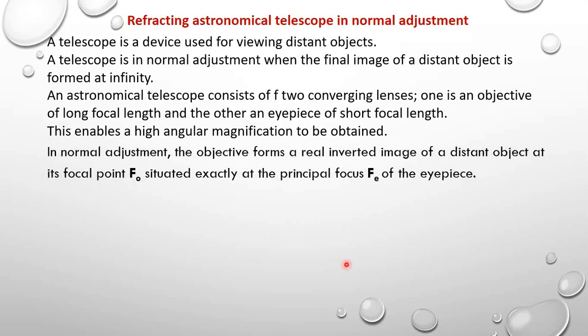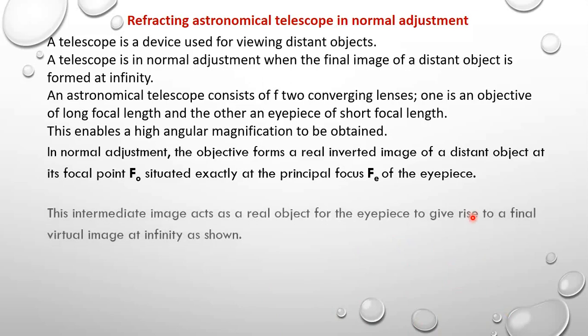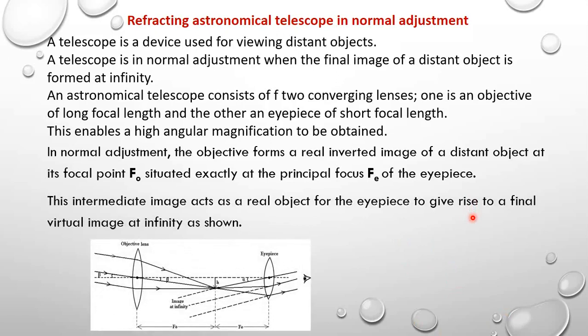So this intermediate image acts as a real object for the eyepiece to give rise to a final virtual image at infinity, as we can see here. So this is the intermediate image, and is formed at the principal focus of the objective, which is also at the principal focus of the eyepiece. Then this intermediate image acts as the real object for the eyepiece, and then the final image is formed at infinity.